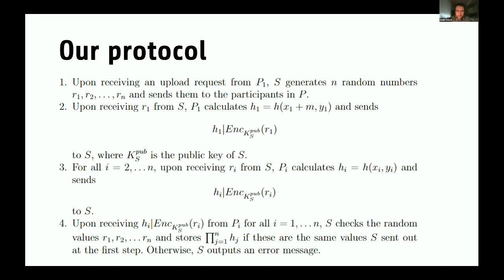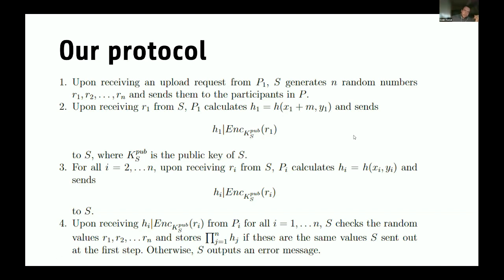And the protocol works like this. So we will assume that the participant who wants to anonymize the data is P1. And P1 wants to anonymize the data record M. And P1 first sends an upload request to a trusted server, S, and then S generates n random numbers and sends them to the participants.